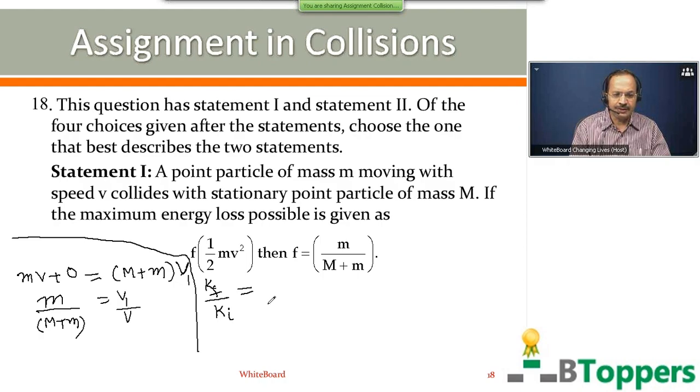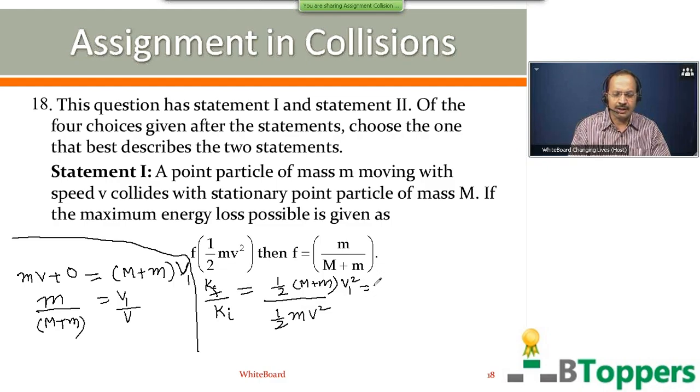Ki represents the initial kinetic energy just before collision, equal to the initial kinetic energy of the first particle of mass small m, which is half small m into v square. Kf is the final kinetic energy of the combined mass, a system of the two particles just after collision. That you can write as half capital M plus small m into v1 square.